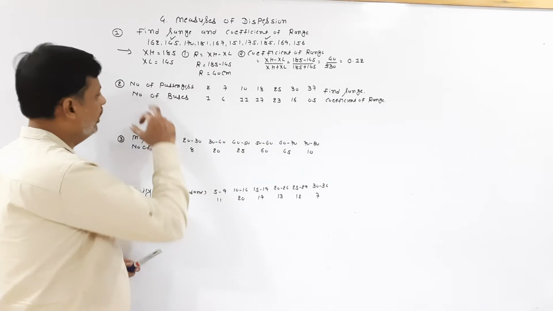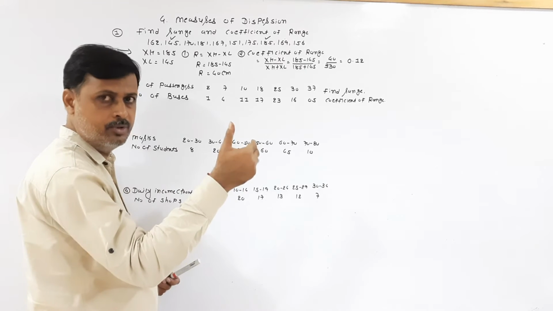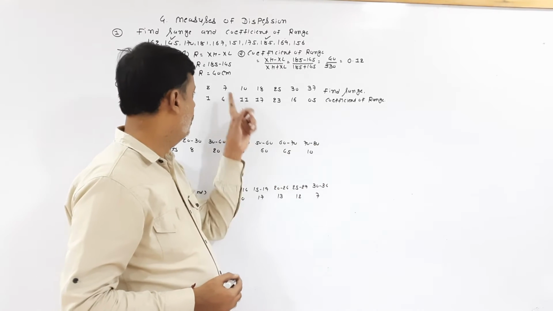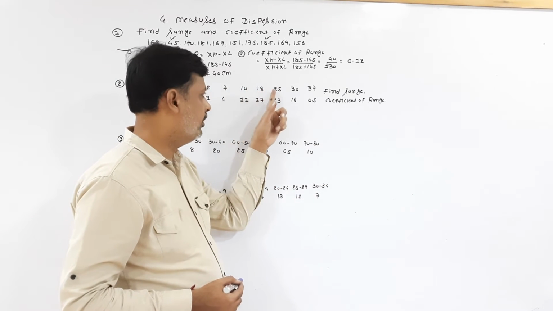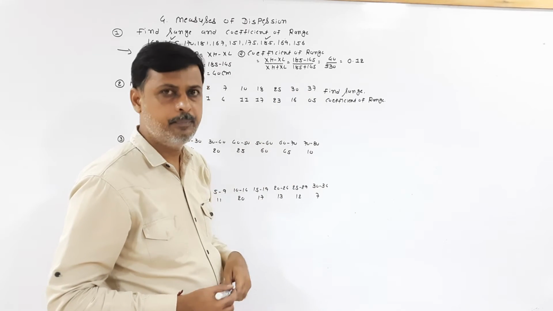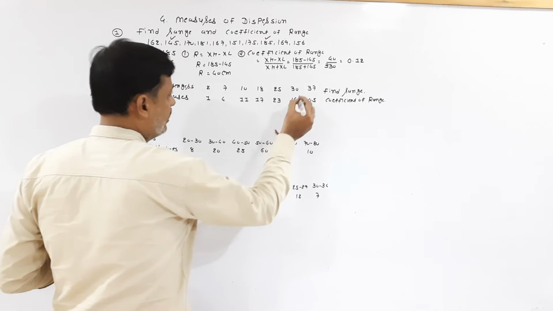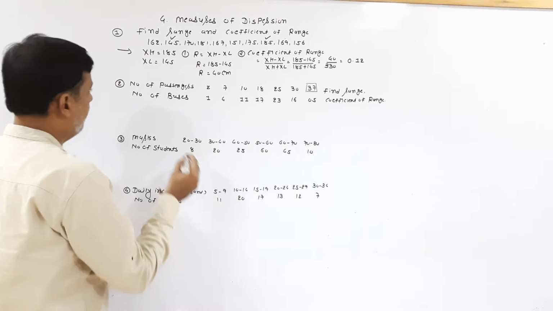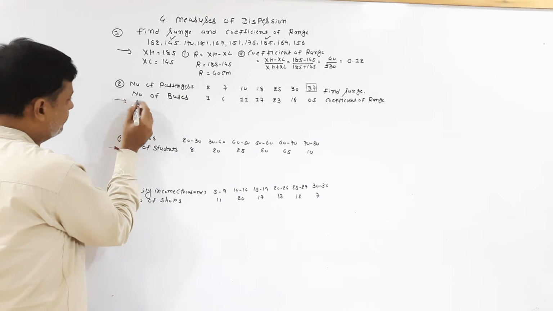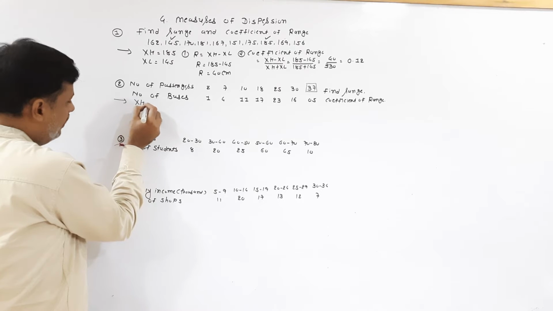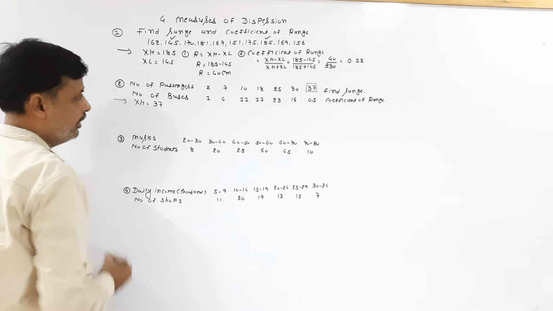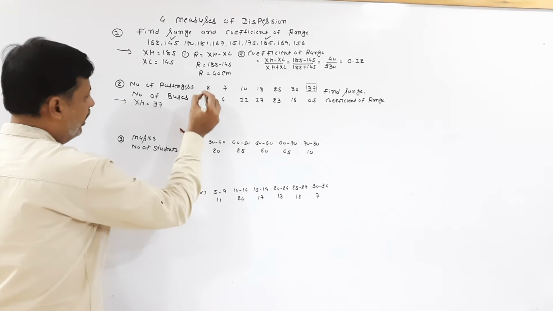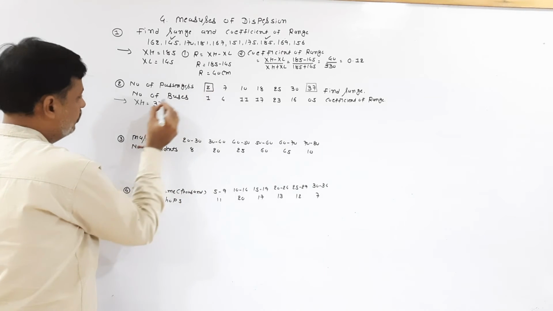Look here, number of passengers, that is our observation: 2, 7, 10, 18, 25, 30, 37. So highest observation, that is 37. Highest 37 and lowest, that is 2.